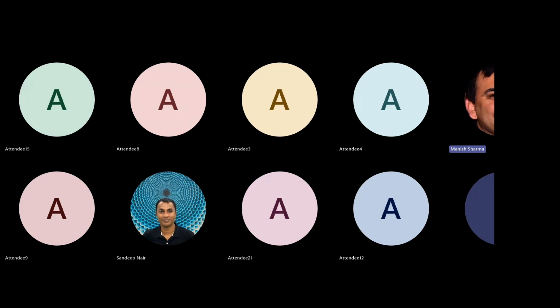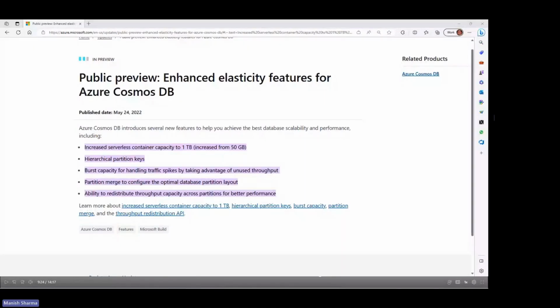Now let us switch gears and talk about something which is a recent addition. We did a lot of elasticity feature enhancements onto Cosmos DB, and this is the list of the features. So we have serverless, and serverless means that, let's say you wanted to develop an application which needs 0 to 100.